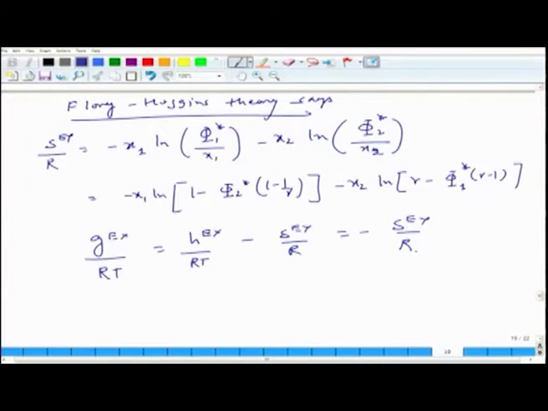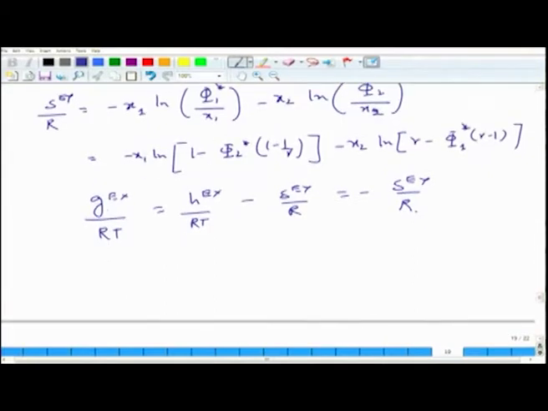Given this, G E by RT would be nothing but x1 ln (1 minus phi 2 star (1 minus r)) plus x2 ln (r minus phi 1 (r minus 1)).